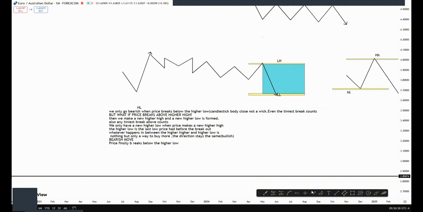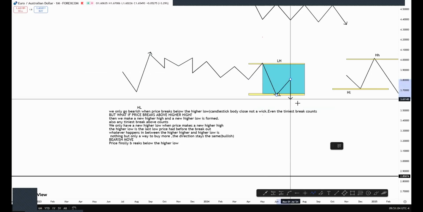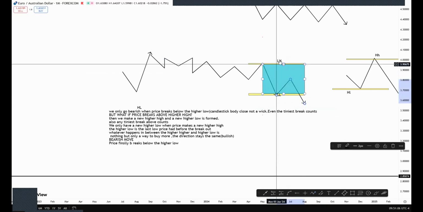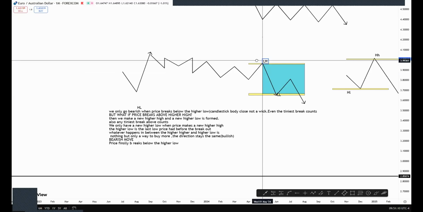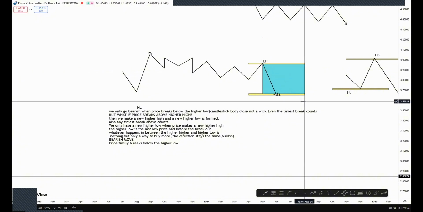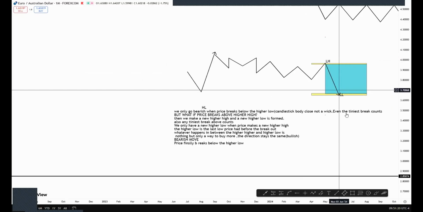So if price, before breaking, made something like this, before this final break, my lower high would be this point instead of this one, because it's the most recent highest point, okay? But in this case, we never got this. So we just stick to the same point we have, okay?